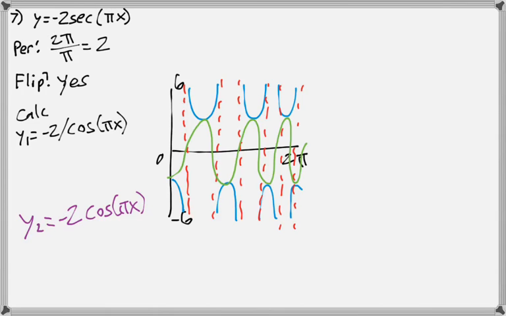Okay, so again, you don't need to graph that cosine, but the blue here, that is our secant.